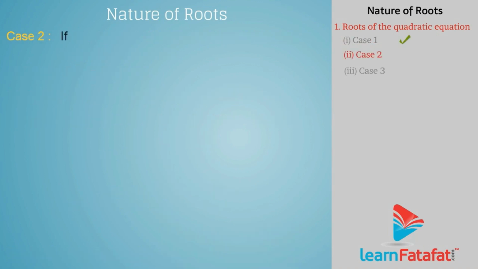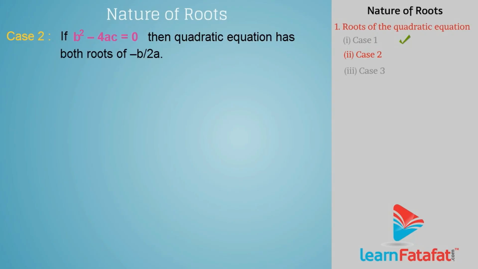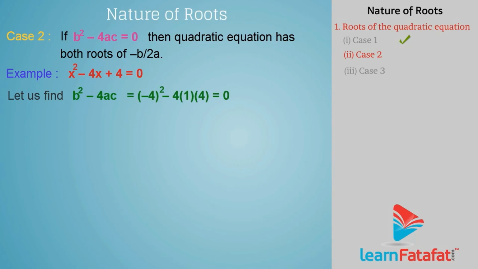Case 2. If b square minus 4ac is equal to 0, then quadratic equation has both roots equal to minus b by 2a. Example: x square minus 4x plus 4 is equal to 0. Let us find b square minus 4ac. That is, putting all the values, we get value 0.